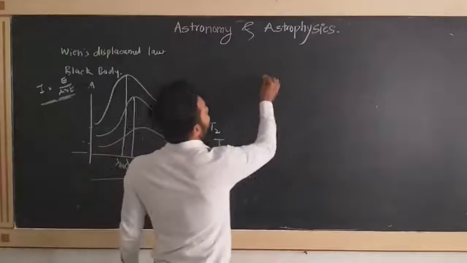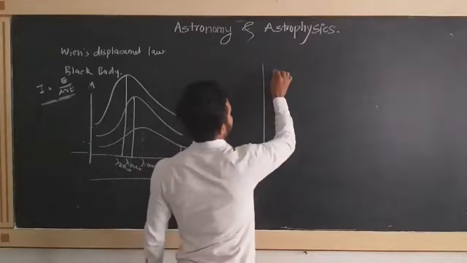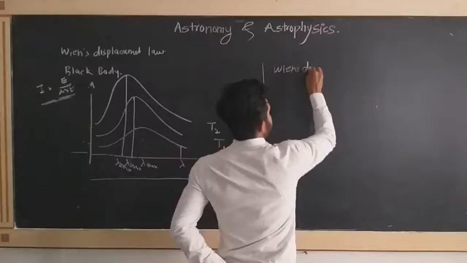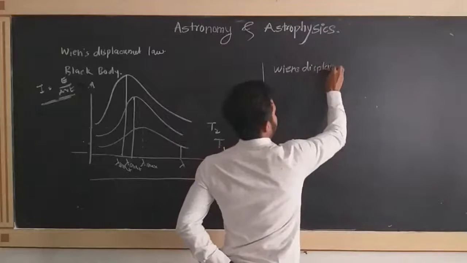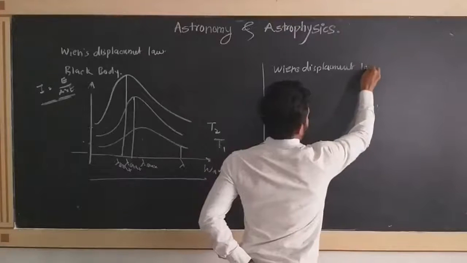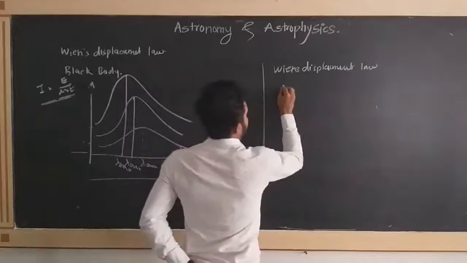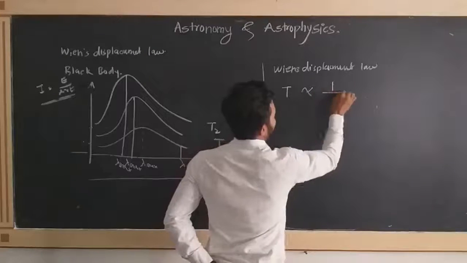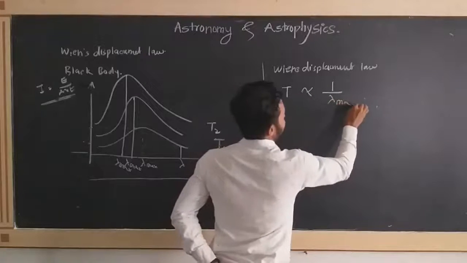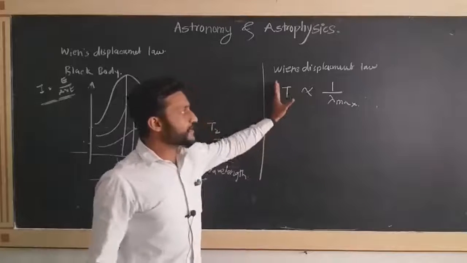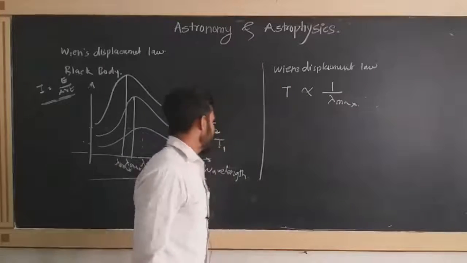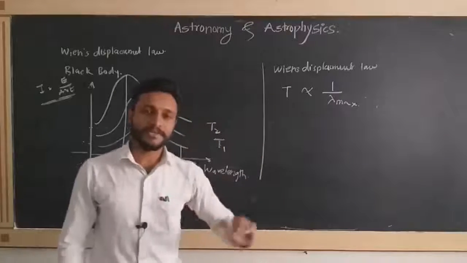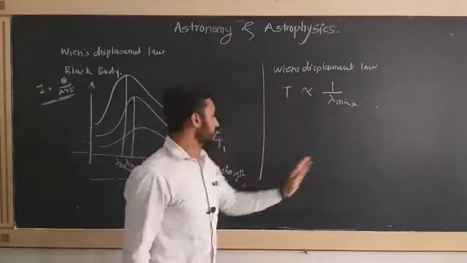So we can say that Wien's displacement law states that temperature T is inversely proportional to lambda max, right? As temperature increases, lambda max decreases. It is shifted or displaced towards the shorter wavelength.